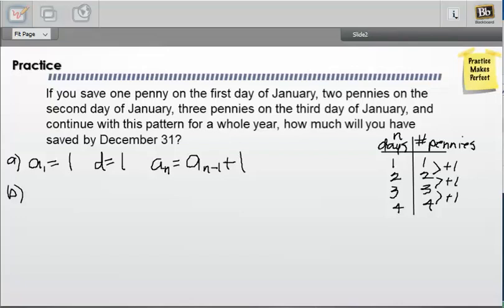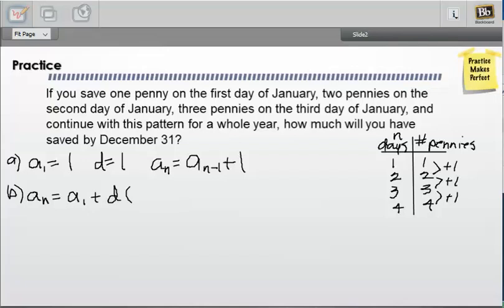Now I'm going to also use all that information from part A to write my explicit formula in part B. So remember, for your explicit formula, A sub n equals the first term plus the change, the difference in the sequence.